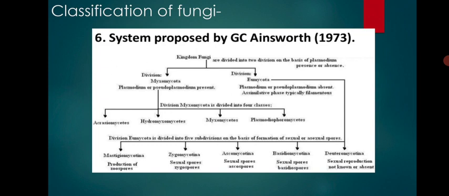The second division is Eumycota. There are five subdivisions, including subclasses. Subdivision Mastigomycotina, in which zoospores are present. Perfect state spores are typically oospores. Zygomycotina, zoospores absent. Perfect state spores are zygospores.